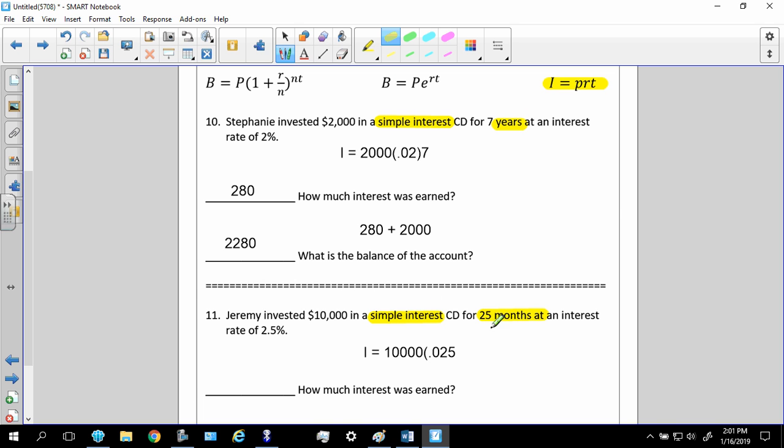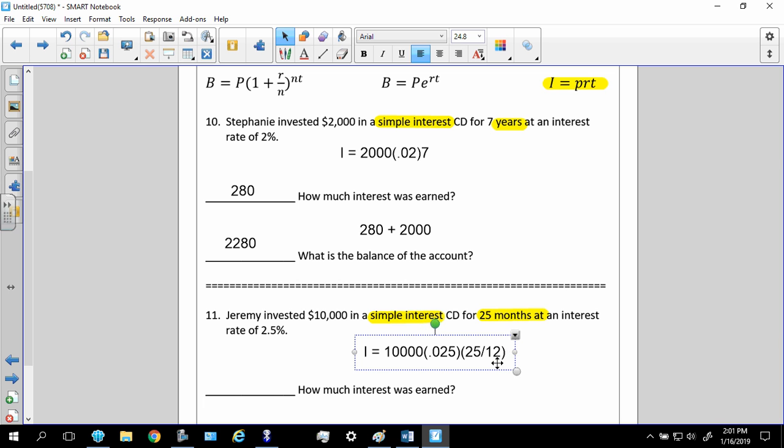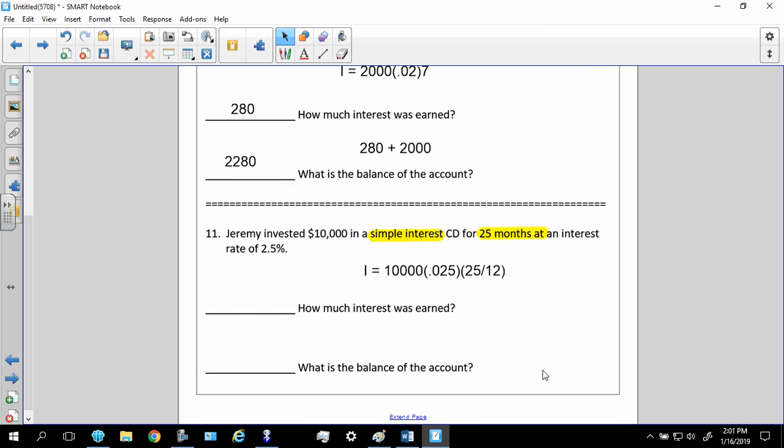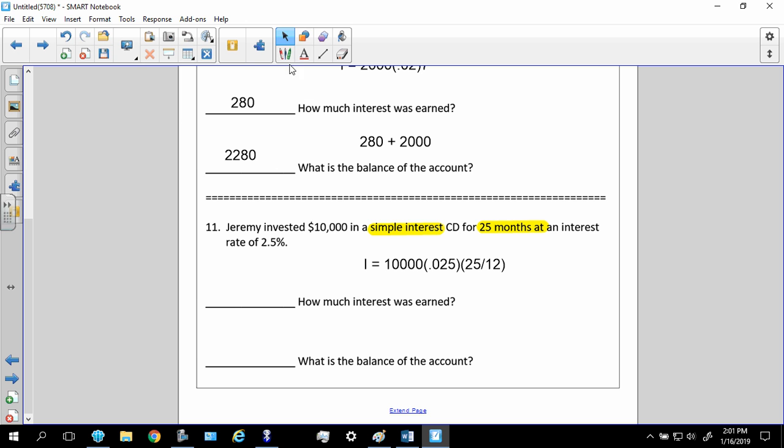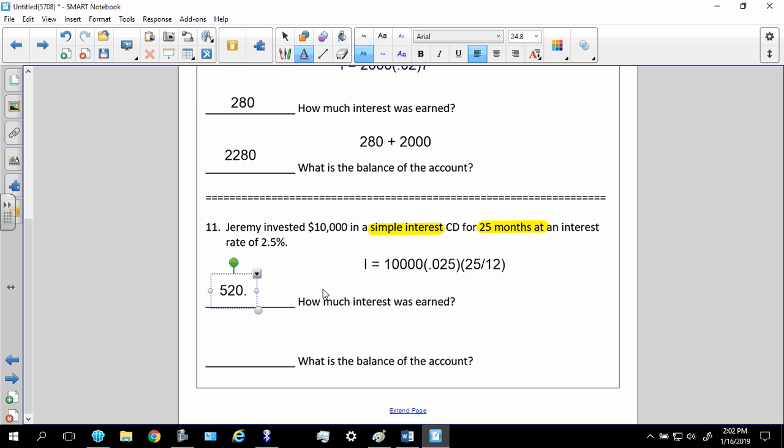So we have a situation where 25 months have got to be converted to years. Do not put 25 at the end and tack it on, because you're saying 25 years. Can't do that. So in the calculator, we're going to do 25 divided by 12 because that's the most accurate way to do it. When we do the math, it's all calculator at this point: $520.83. That's how much interest was earned.